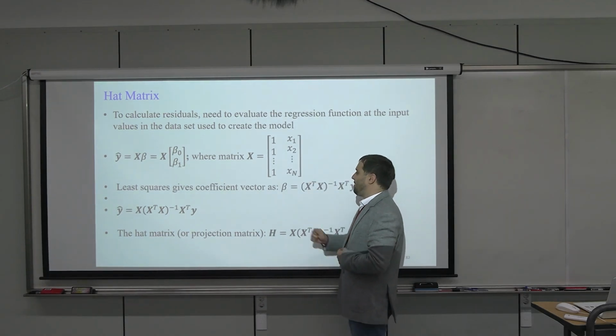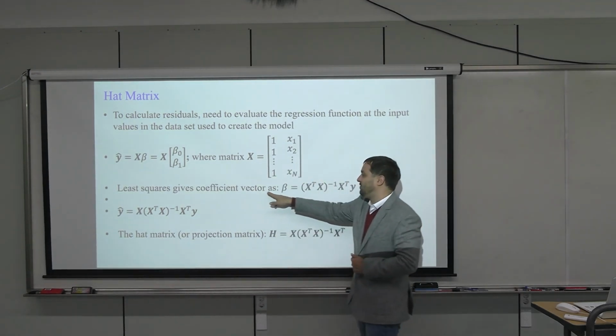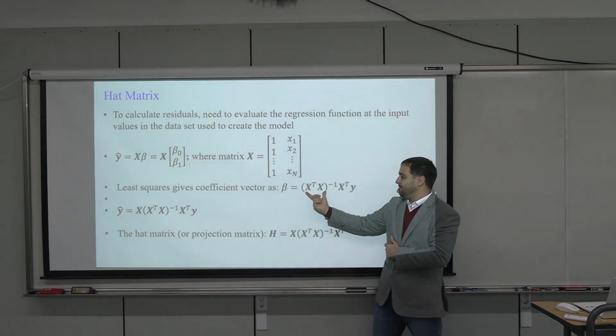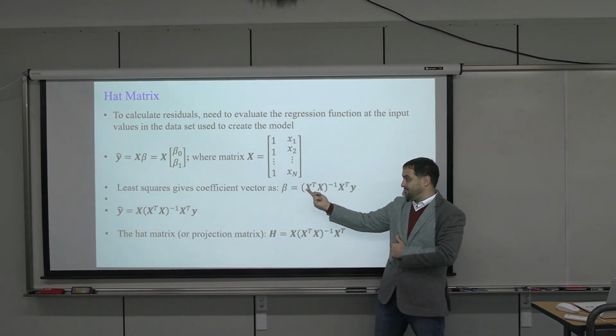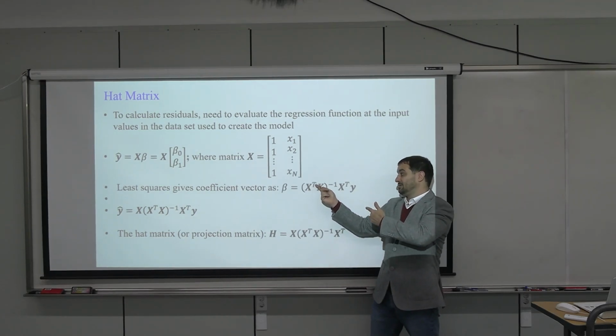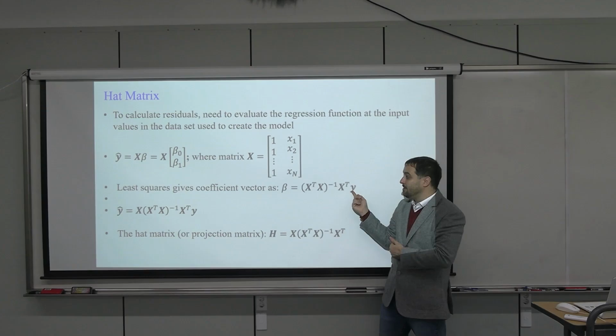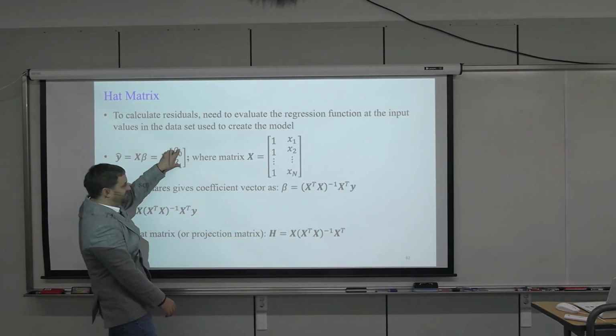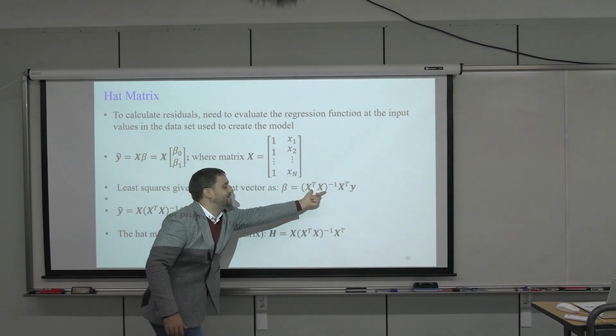Remember, our least squares gives the coefficient vector beta. We could substitute it in, using these other matrix operations with our X matrix. So we have our vector of betas, but we can substitute it in this form.